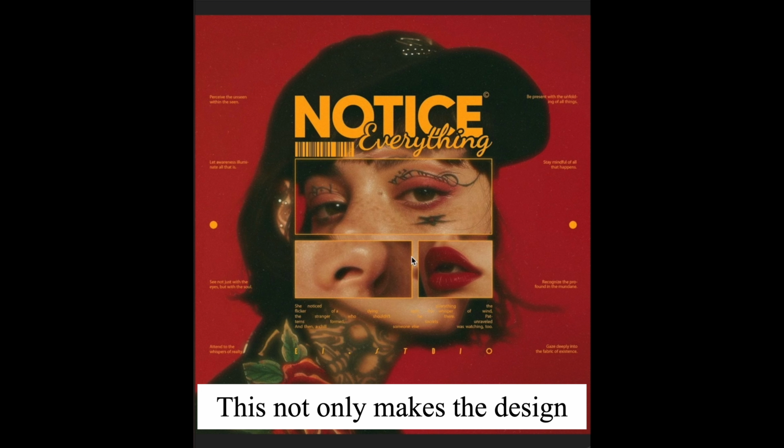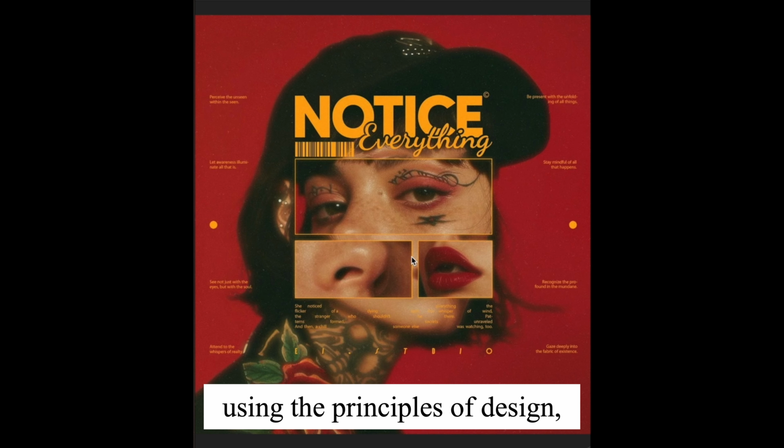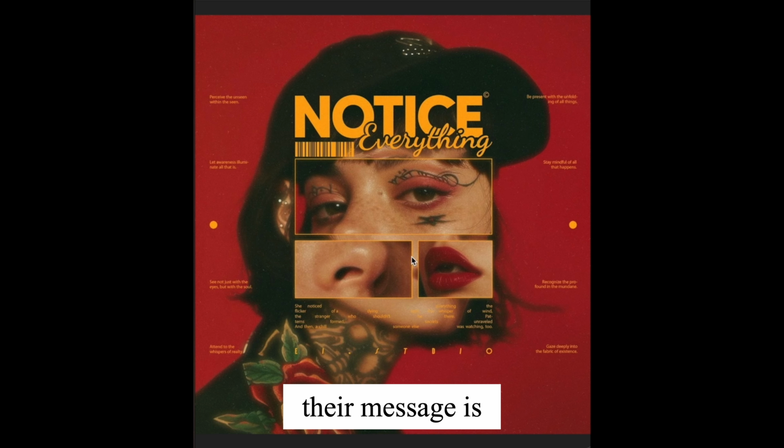This not only makes the design look more interesting, but also aligns with the message that the designer is trying to convey. Again, using the principles of design in a strategic way to further what their message is.